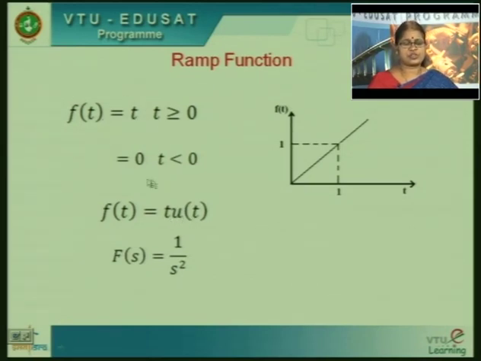So, these two equations put together can be written in this form, f of t is equal to t into u of t. So, if you have a function like this, the equation of this function f of t is t into u of t. And we know the Laplace transform of t u of t is given by 1 by s square.